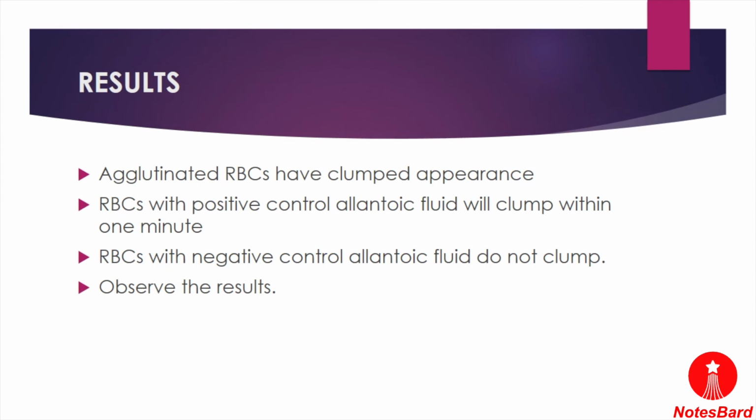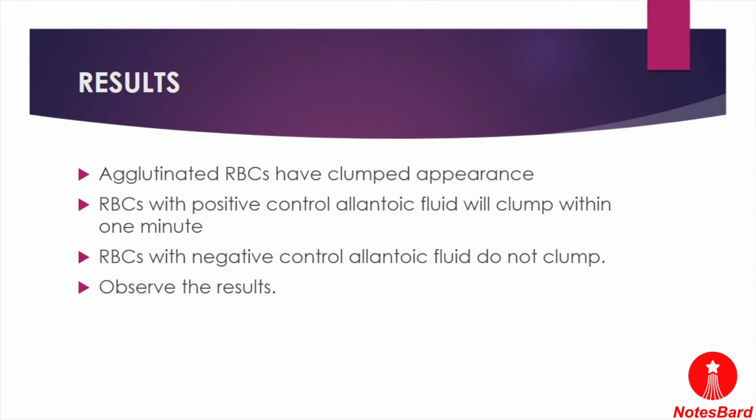The RBCs which are mixed with the positive control allantoic fluid will clump within 1 minute after the method completes, and those RBCs which are mixed with the negative control allantoic fluid and PBS, phosphate buffered saline, do not clump and remain in even suspension.